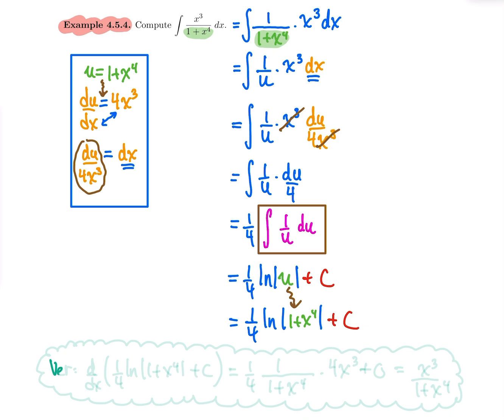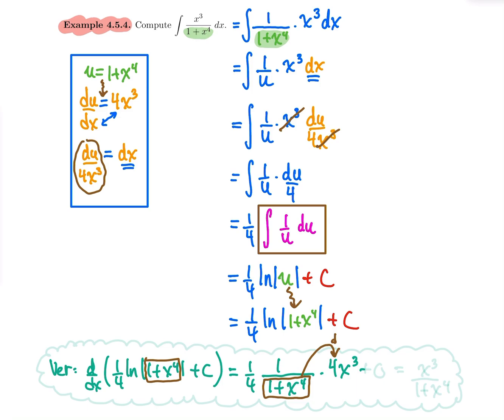And again here, you can do your little verification. If you compute the derivative of 1 over 4 ln of absolute value of 1 plus x^4, the absolute value plus c does not change anything. So if you have ln of some function, you're going to get 1 over that function. So here 1 over 1 plus x^4 times the derivative, so 0 plus 4x cubed plus 0.